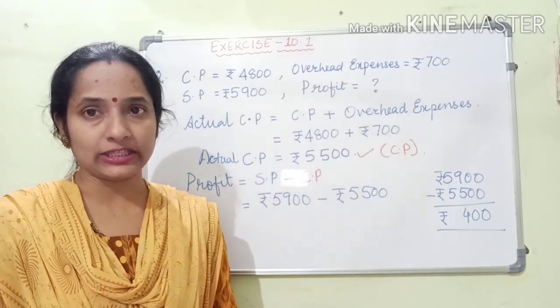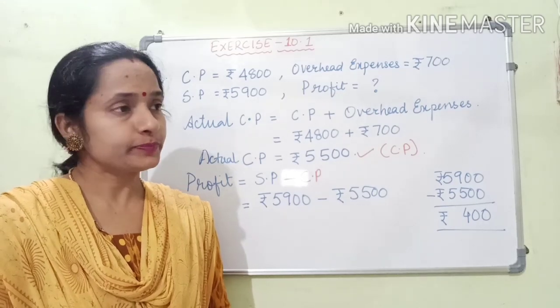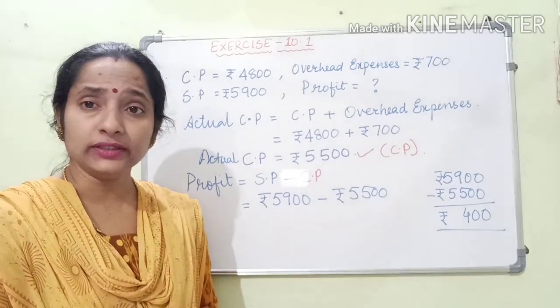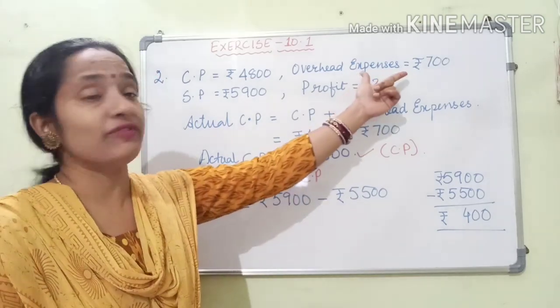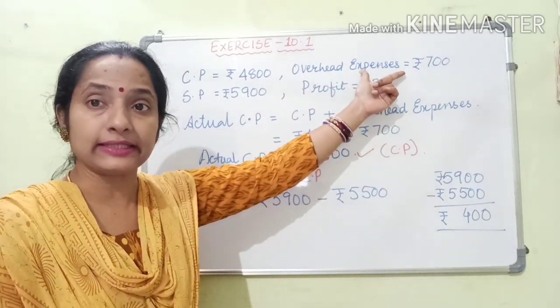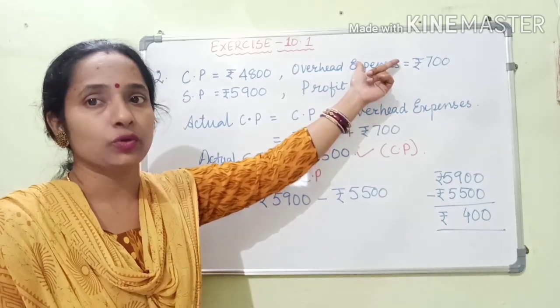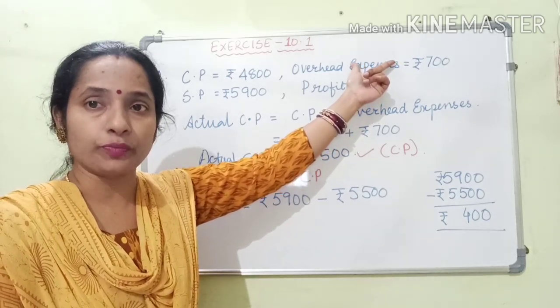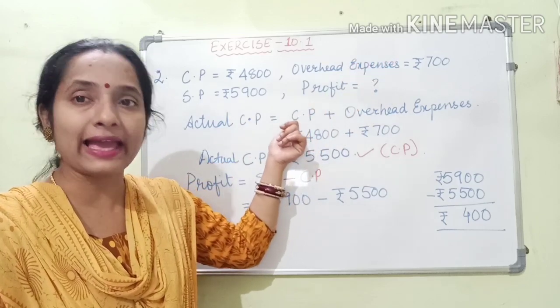After writing the given data, you step into the next phase of the sum. Whenever you are given some overhead expenses in a question related to profit and loss, first of all we have to find the actual cost price.